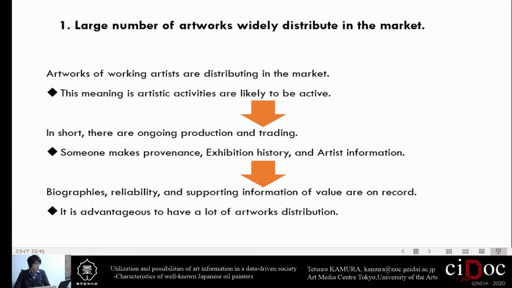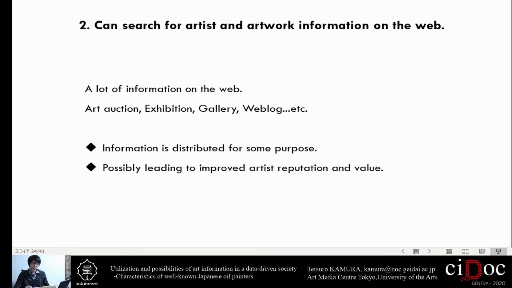This means someone makes provenance, execution history, and artist information. And so, biographies, reliability, and supporting information of value are on record. It is advantageous to have a lot of artwork distribution. Second, one can search for artist and artwork information on the web.